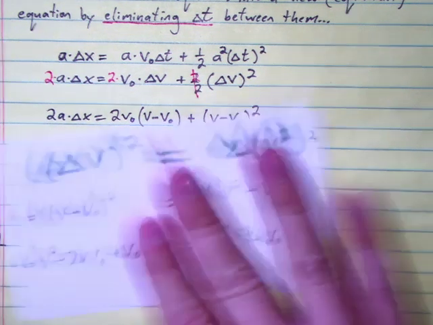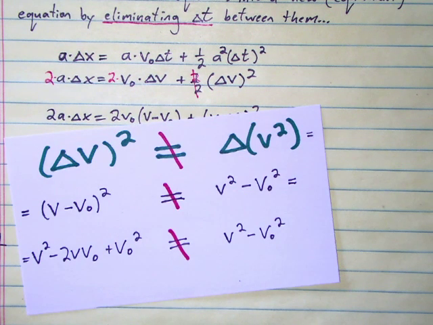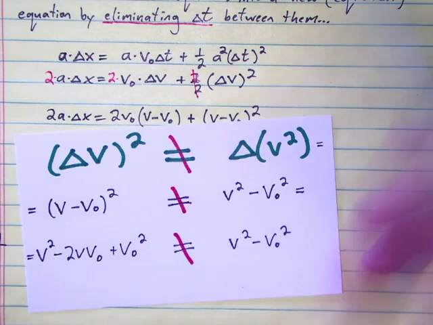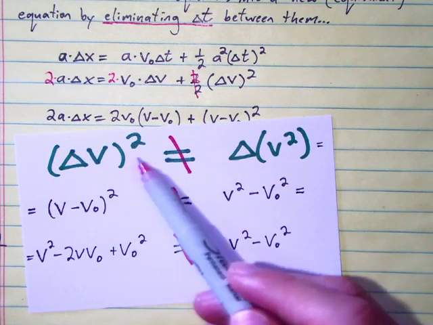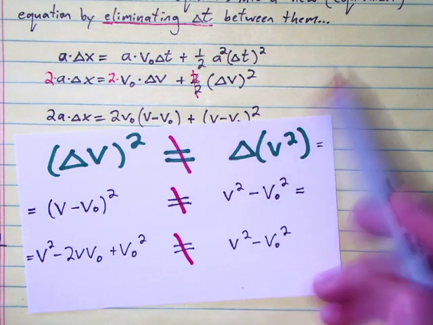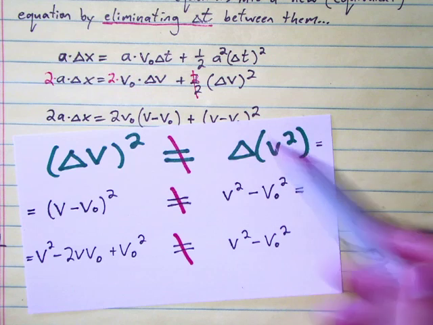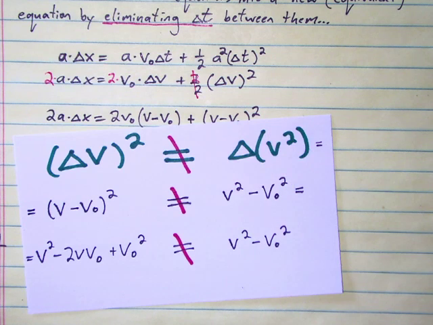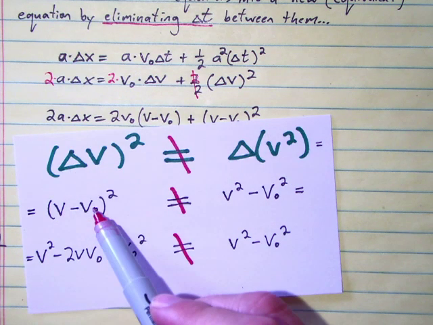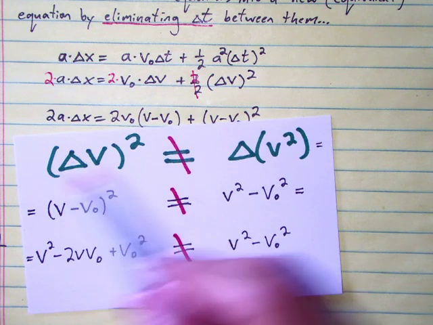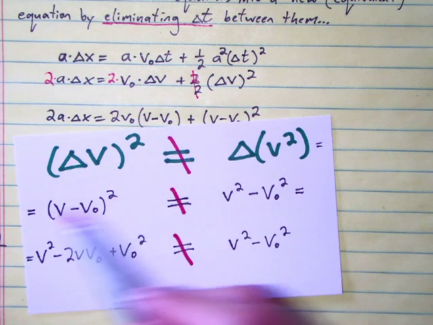All right, a key point here, a mathematics point. Do not make this mistake. If I write in parentheses delta v and I square that whole thing, it's not the same thing as the delta of v squared inside parentheses here. Delta v is v final minus v initial, and if I write it with the parentheses like this, I've got to square that whole thing.